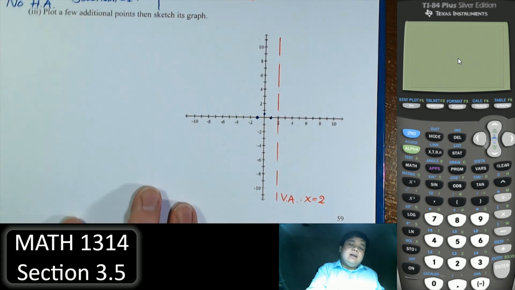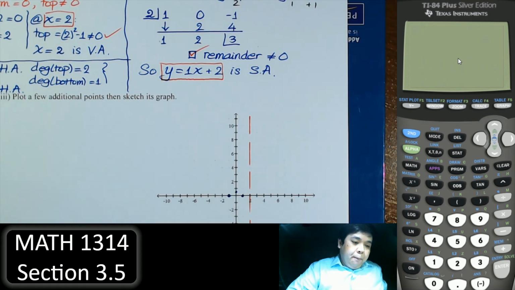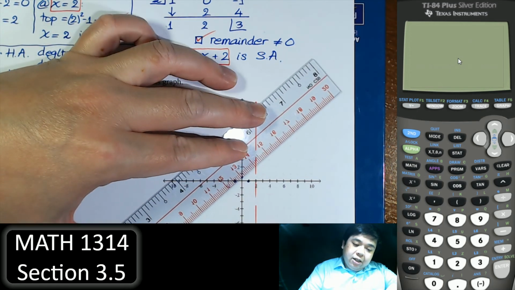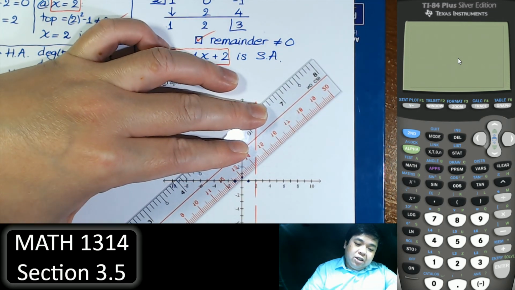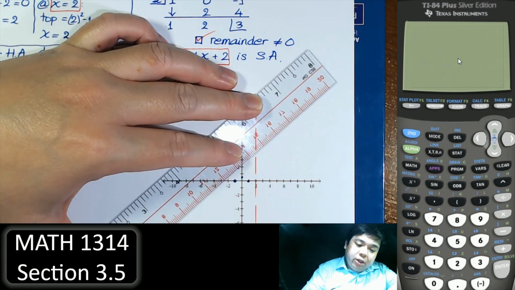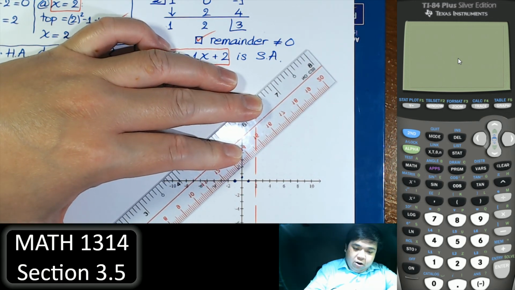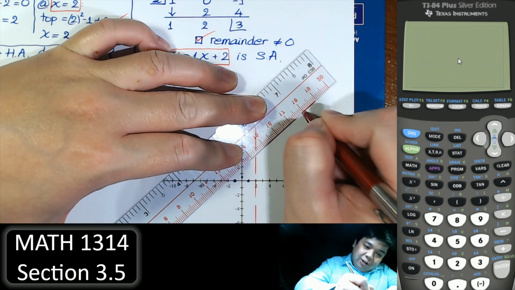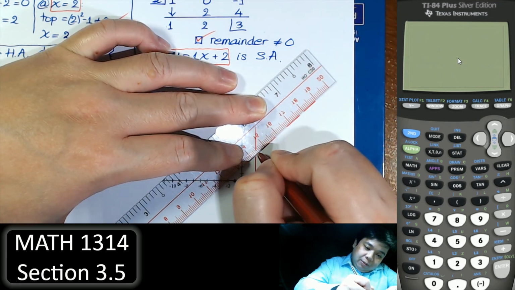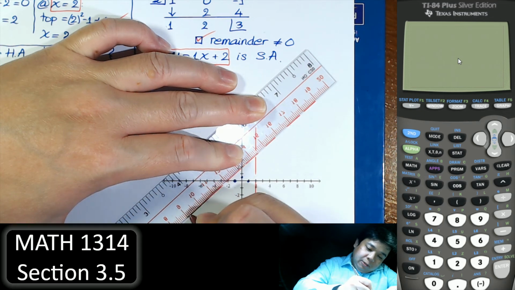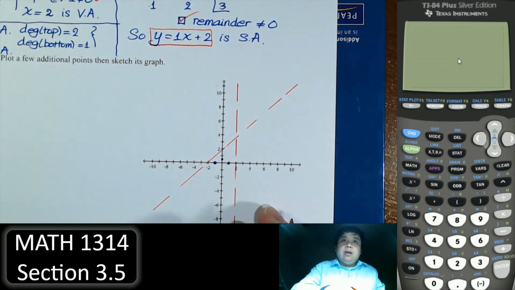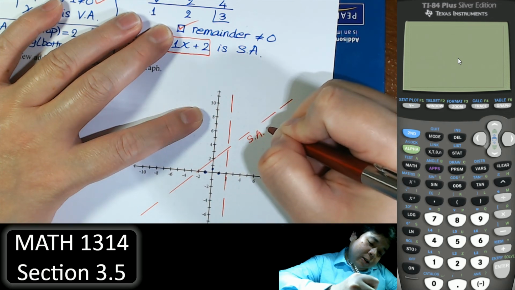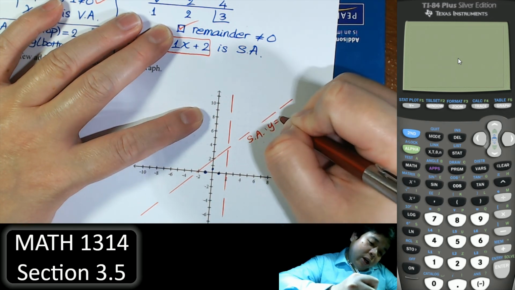Right, next. X plus 2. So y equal to x is the diagonal line, plus 2 units. So it's going to be the diagonal line. So we have the slant asymptote, y equal to x plus 2.